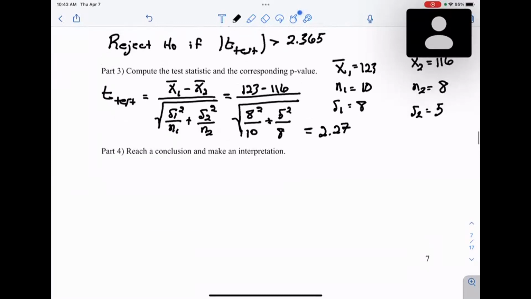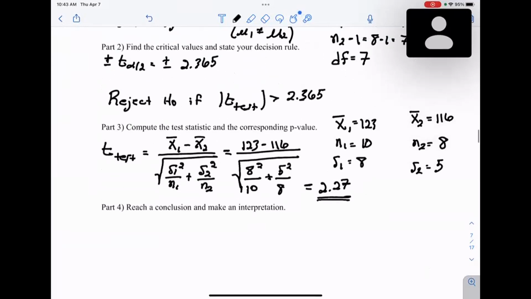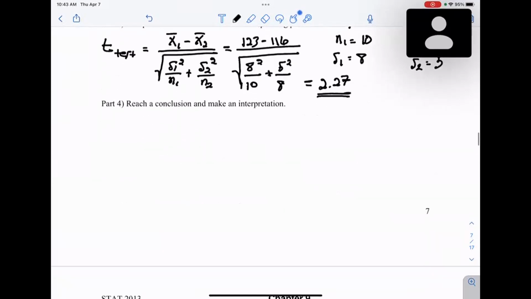Then reach conclusion and make an interpretation. Since the absolute value of 2.27 is just 2.27, is 2.27 greater than 2.365? No. So you fail to reject the null hypothesis.